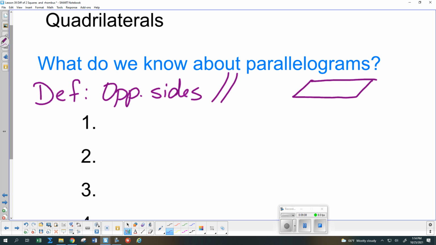Okay, there was something else about opposite sides. Does anybody remember what's also true about the opposite sides? So opposite sides are also congruent. Please notice as I'm writing these down, this is about the shortest way that I want you to abbreviate these.